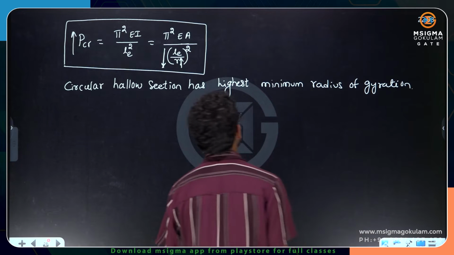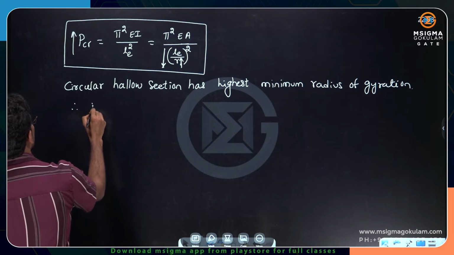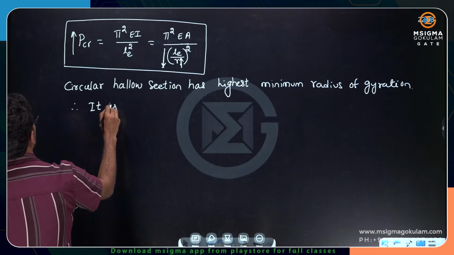Because it has the highest minimum radius of gyration, it is the best compression member.